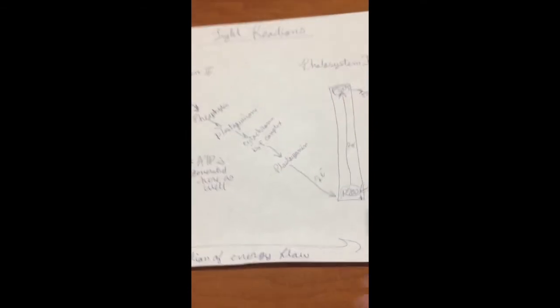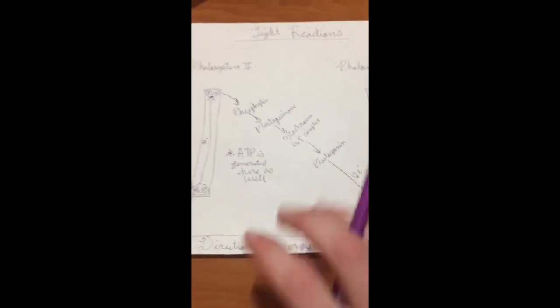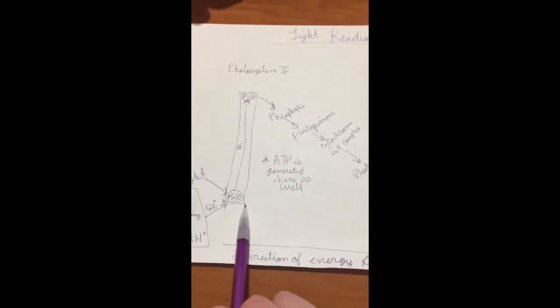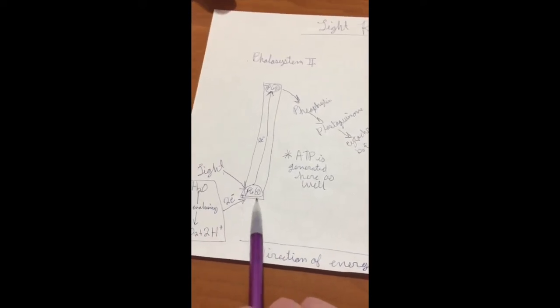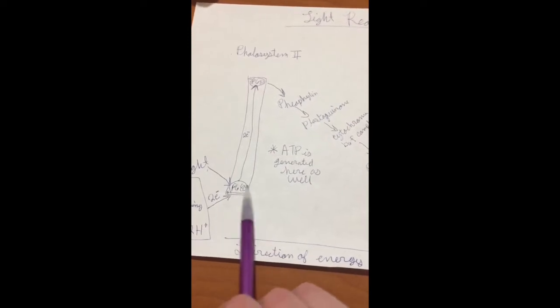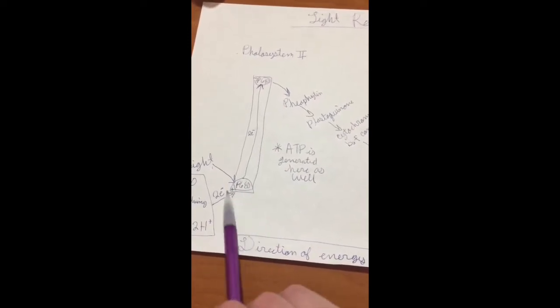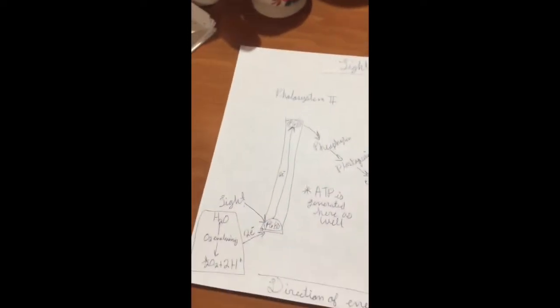So the light reactions always start out in photosystem 2 with the P680. I guess it's just a pair in the photosystem, is what I've read about it.